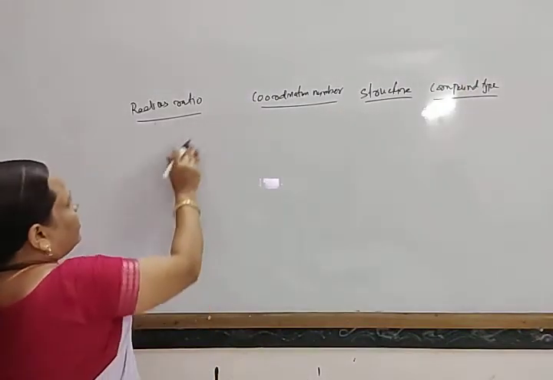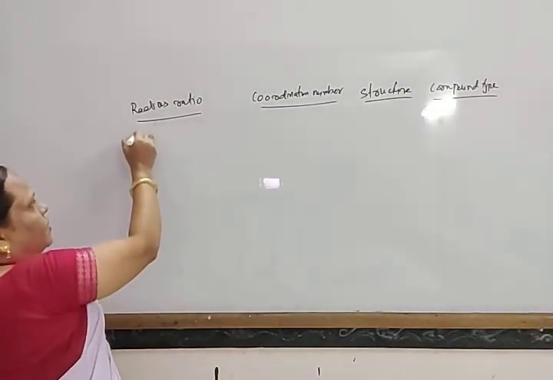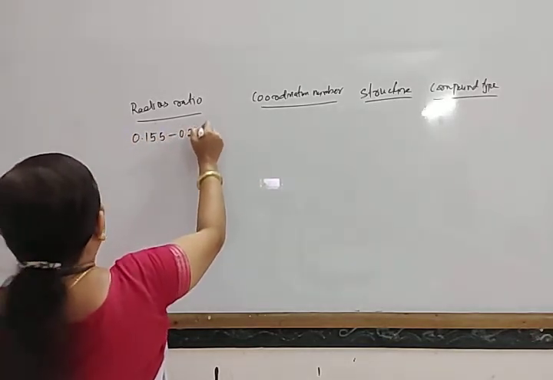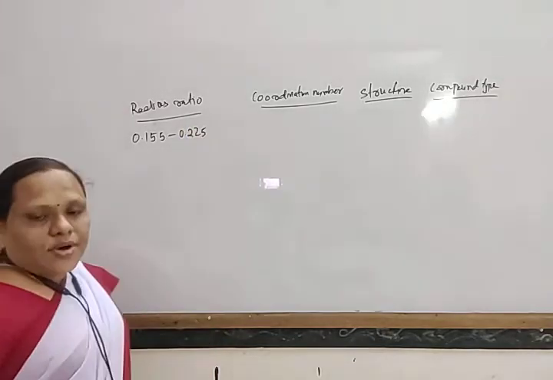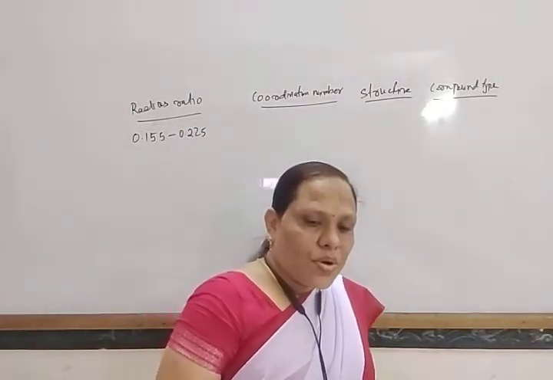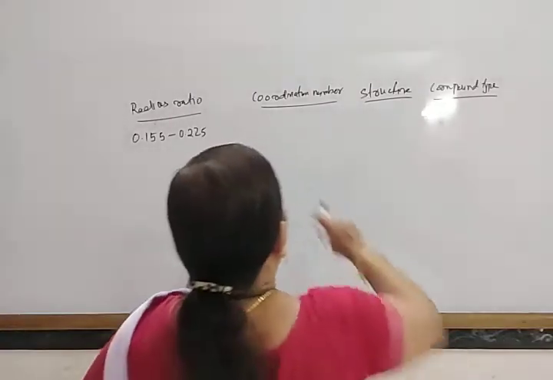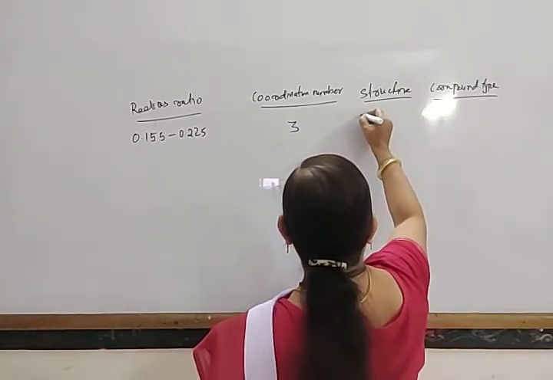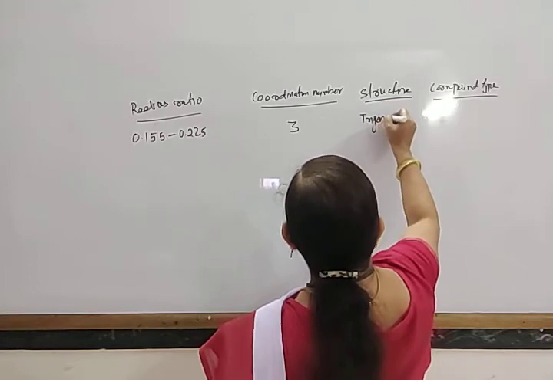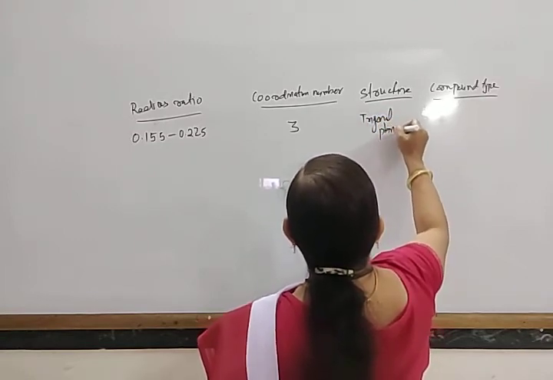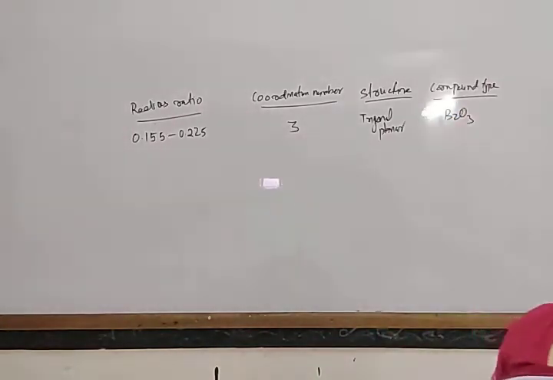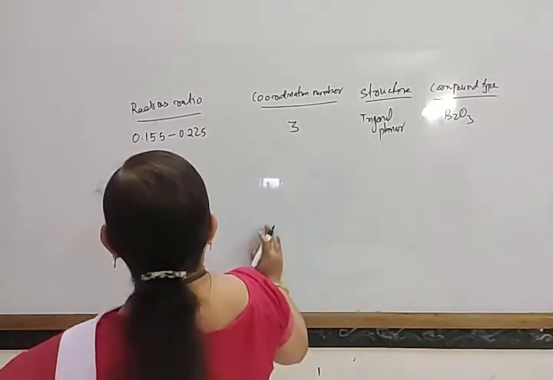So first, if the radius ratio value is found between 0.155 to 0.225, then the coordination number is 3, the structure is trigonal planar, and one example compound is B2O3, that comes under this.